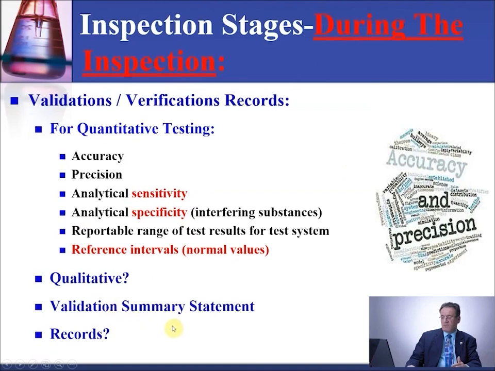Okay, you need a validation summary statement that is signed by the medical director or designee. To know more about this subject, please refer to the lectures and lessons on method validation for qualitative and quantitative testing.